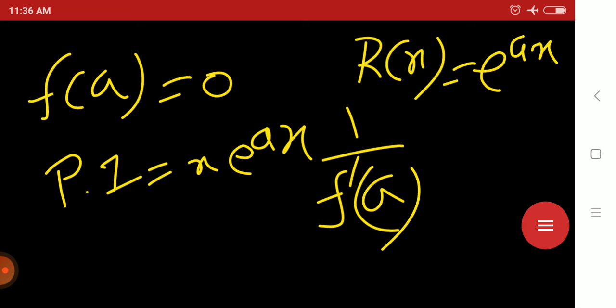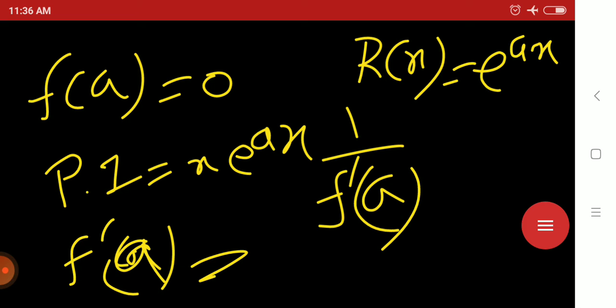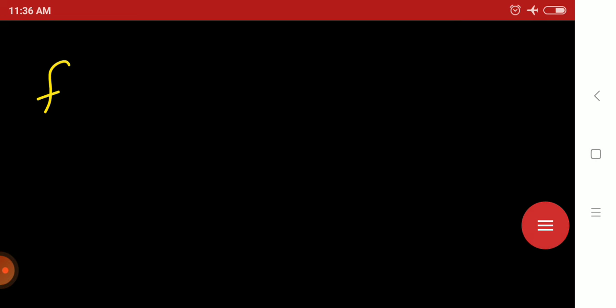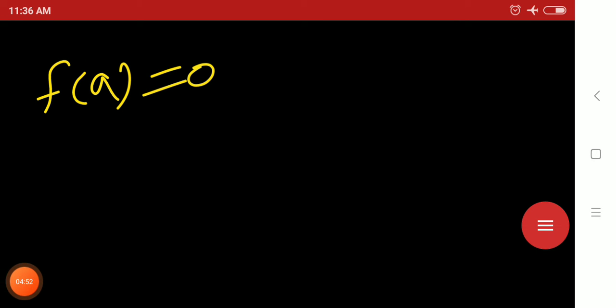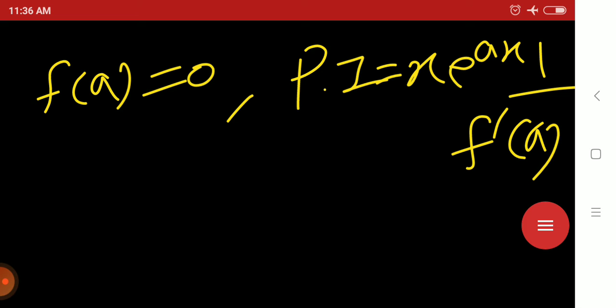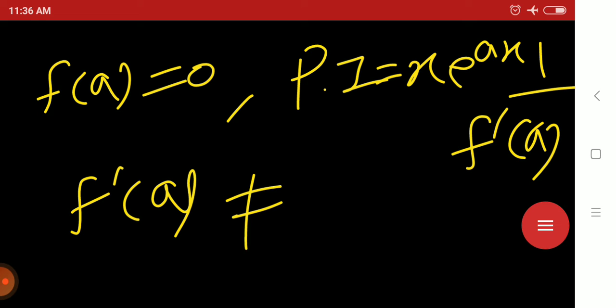Here f prime a means the derivative of f with respect to a, and f prime a not equals 0.